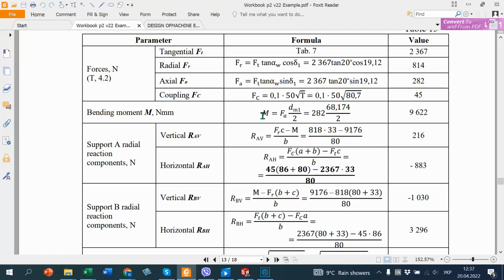Bending moment FA times dm divided by 2 in Newton millimeter.